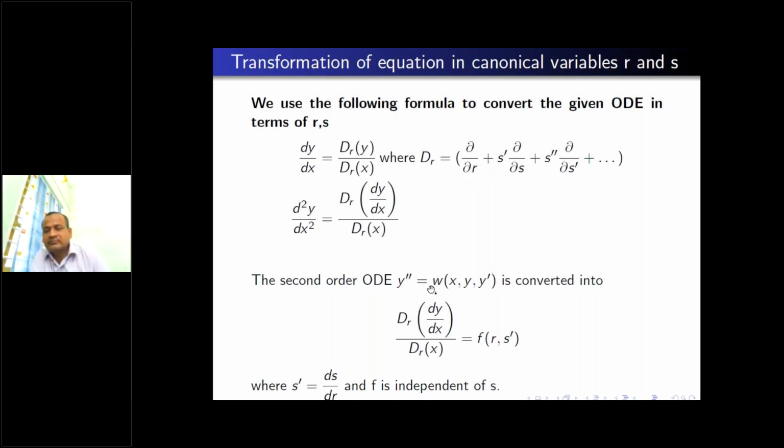Then the second order ODE y double dash is equal to w x y dash is converted into dr dy by dx dr by x is equal to f r s dash, where s dash is the partial derivative of s with respect to r, and f is independent of s. This is important. That is, the right hand side of f is independent of s.